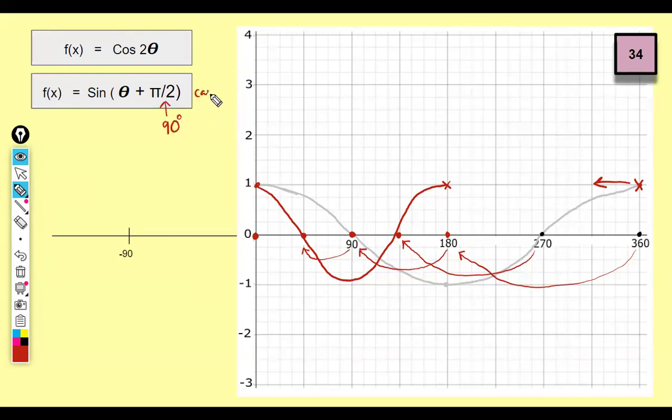Now, since this is a Carl question, Carl only affects the x-axis, but it affects it in the opposite sense. So even though it says add 90 degrees, you're supposed to do what? Minus 90 degrees from all the x coordinates. So that is exactly what we're going to do.